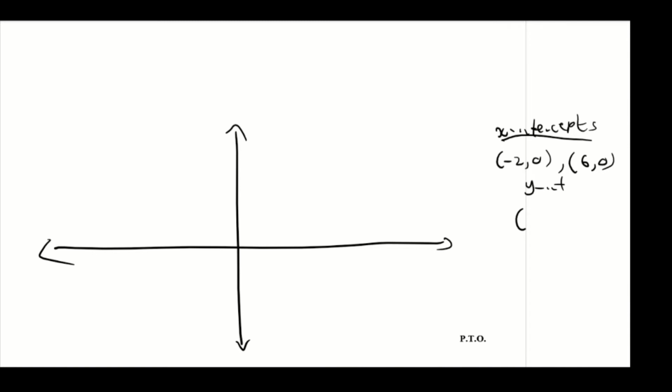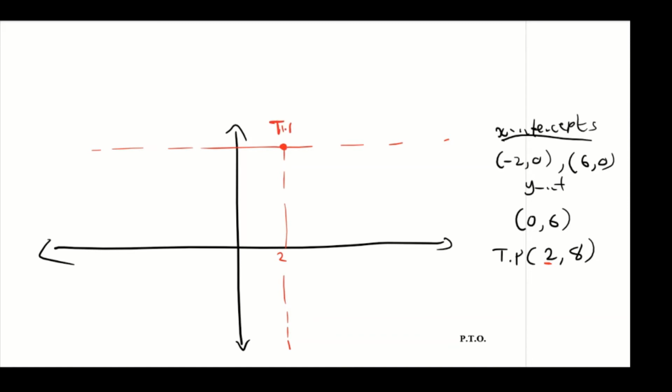Those are the x-intercepts of the function. When x is 0, we found x being 0 and y being 6, and the turning point we found 2 and 8. Cool. So to start with the turning point, it's 2, so we're going to write 2, and then our 8, assume it's at the top, so this is the turning point, which is 2 and 8.